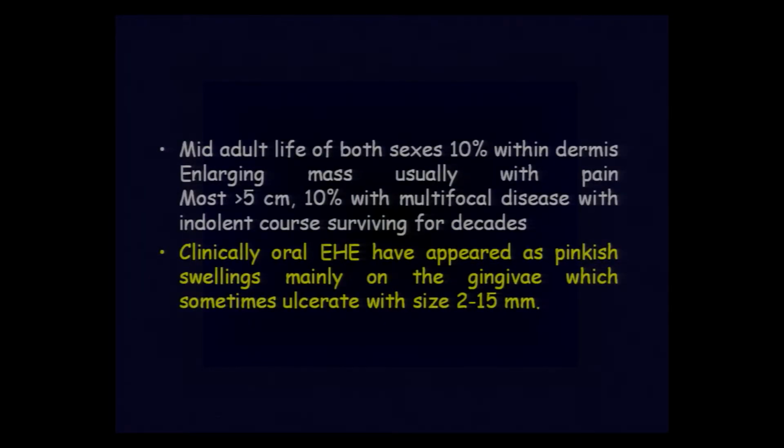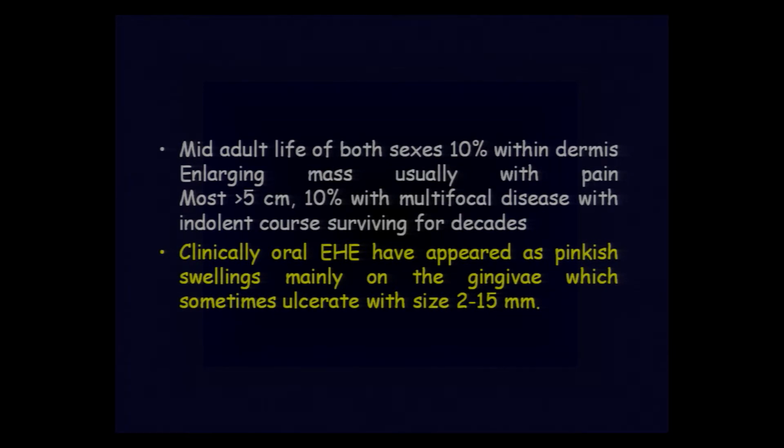It affects middle age in both sexes. Within the dermis, it is an enlarging mass usually with pain, mostly over 5 centimeters, with 10% multifocal disease, with an indolent course surviving for decades.